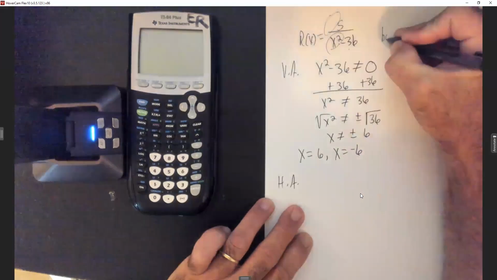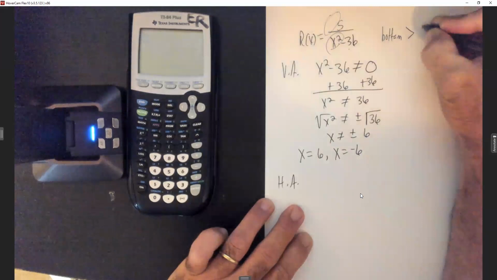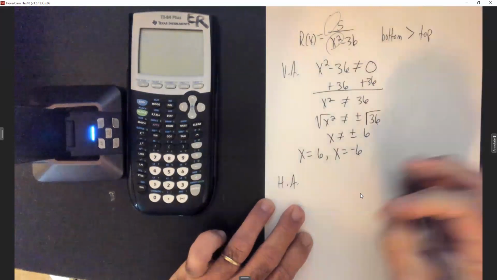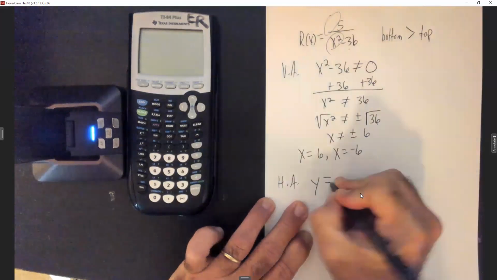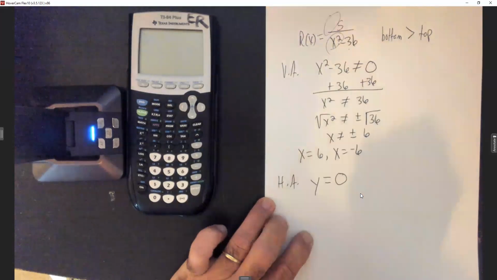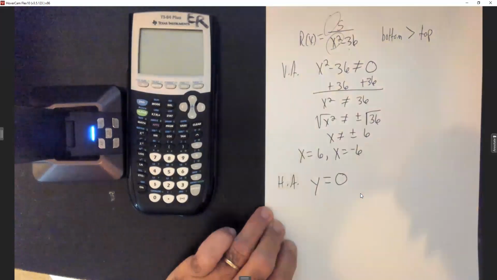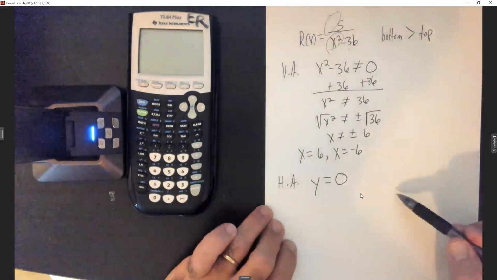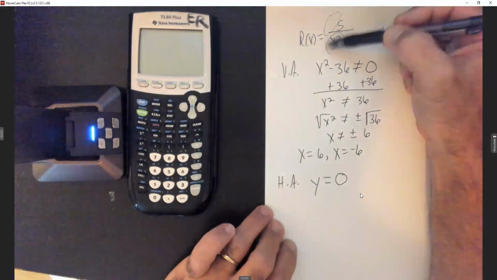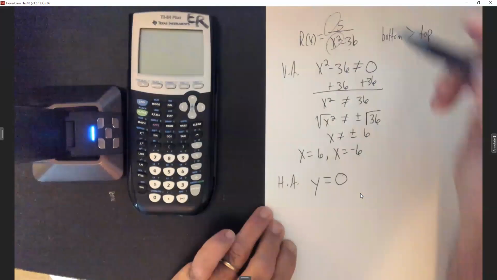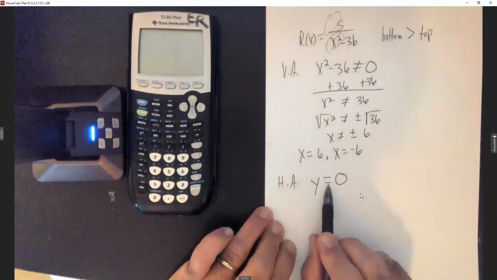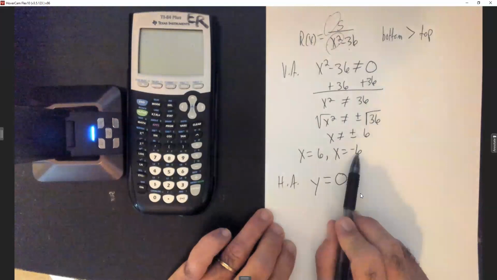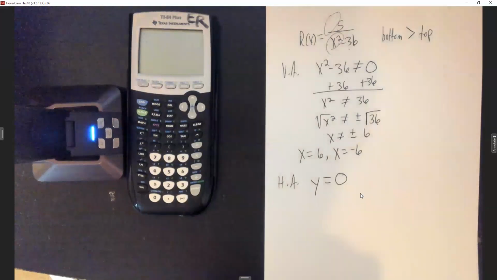So anytime the bottom is bigger than the top, your horizontal asymptote will be y equals 0. If the top's bigger than the bottom, there's no horizontal asymptote. And if they're equal, then you look at the numbers in the front, okay? So horizontal is y equals 0, vertical at 6 and -6. So that should have been the only things they wanted me to find on it.